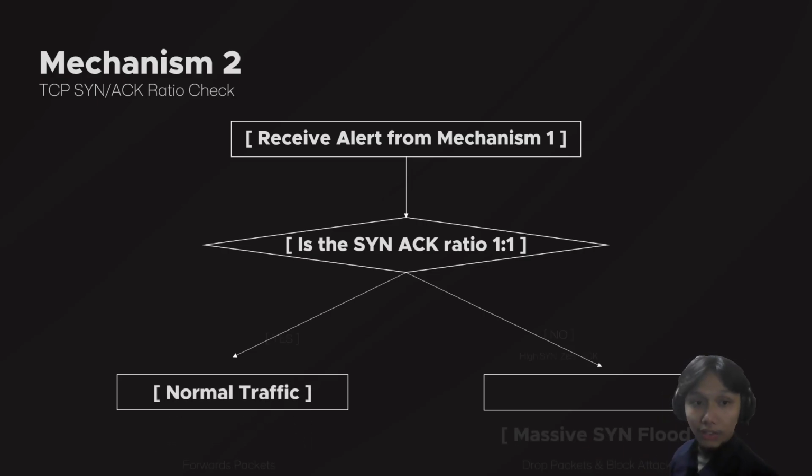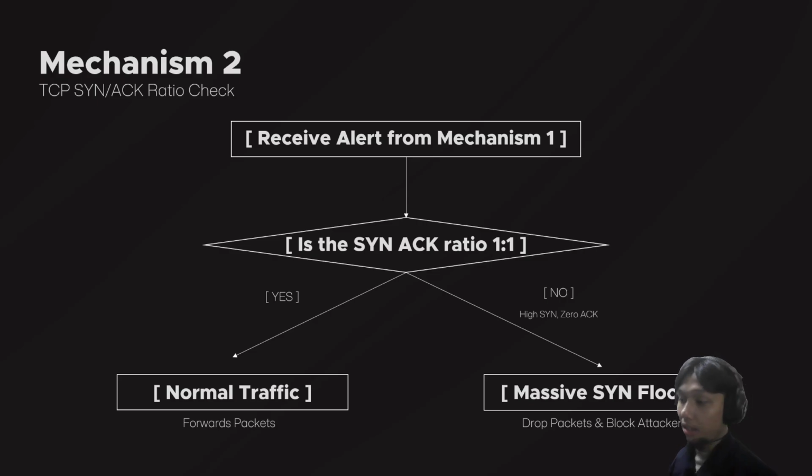If it is a yes, then we forward the packet because it is normal traffic. For example, if there is a sale on the website, a lot of buyers will come to check out the item. So this is a normal sudden burst of packets.